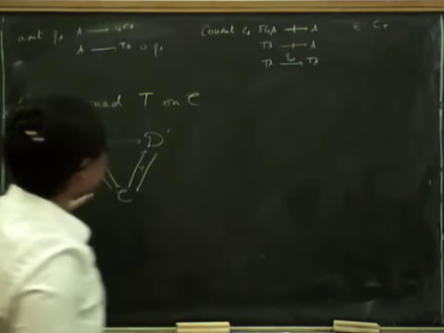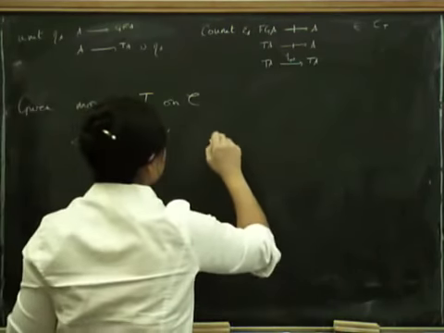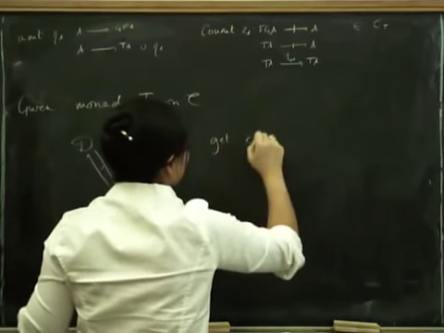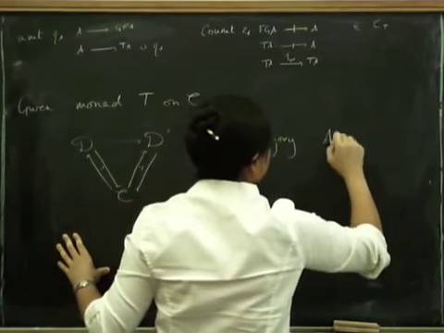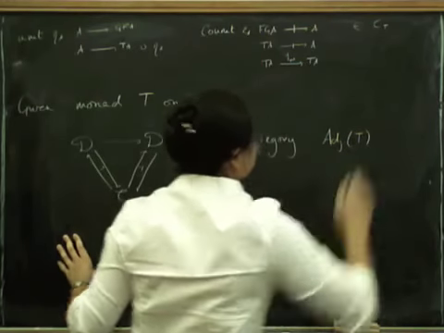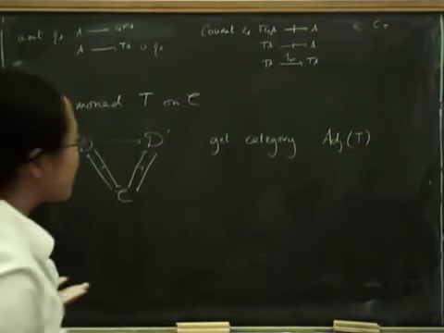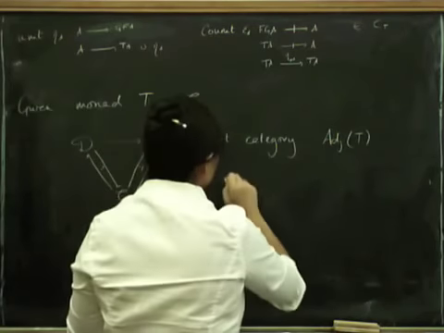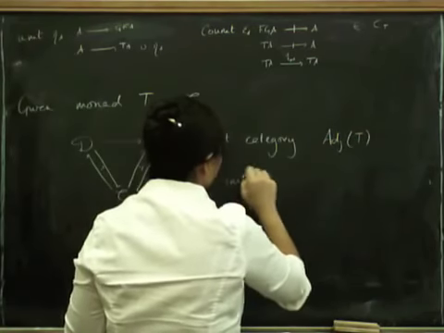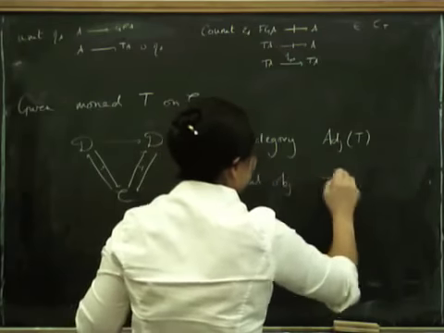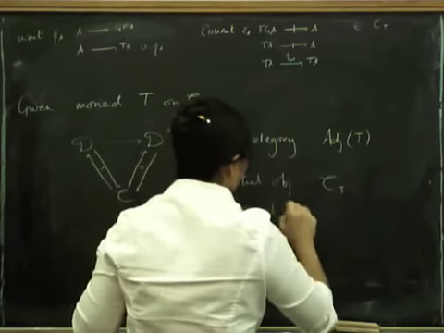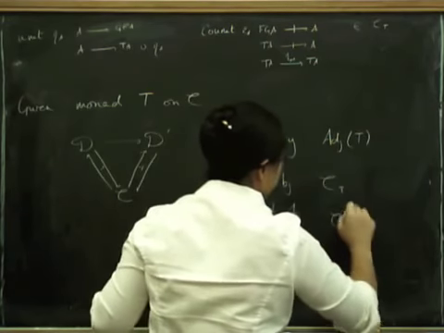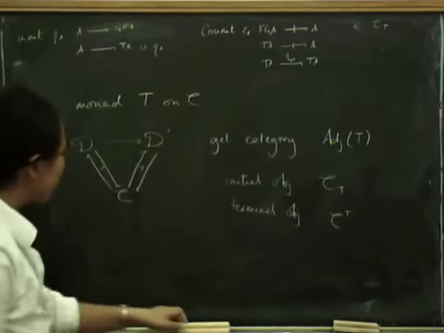And in this category of adjunctions, we can call it Adj T, which means the category of adjunctions giving rise to T. We have an initial object, which is the Kleisli category, and we have a terminal object, which is the Eilenberg-Moore category.